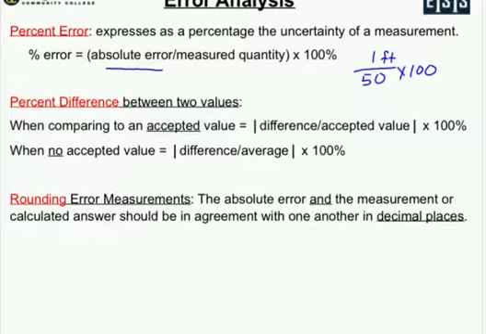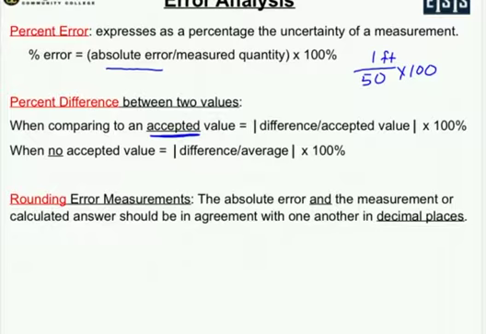If you know one of the values is accepted, the correct value, or if your lab instructor tells you that you're going to do one experiment with an automatic instrument and the other by hand, and that you're to accept the answer done by the instrument as right, then you'd give the percent difference on how well you did it by hand.